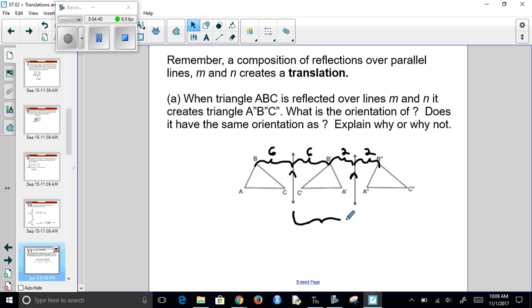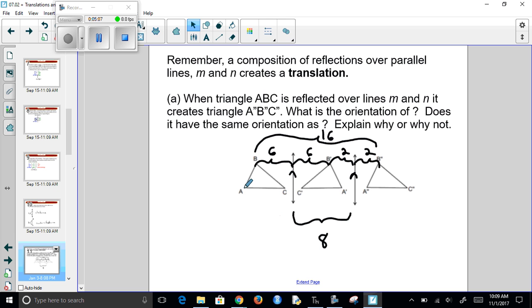So hopefully you notice that in between here, that distance is 8, but from B all the way to B double prime, that's 16. So the distance between the parallel lines is always going to be half of this big distance. That makes sense because we always have to double this part of it to get over here and double this part of it to get to here. So the whole thing should be double.